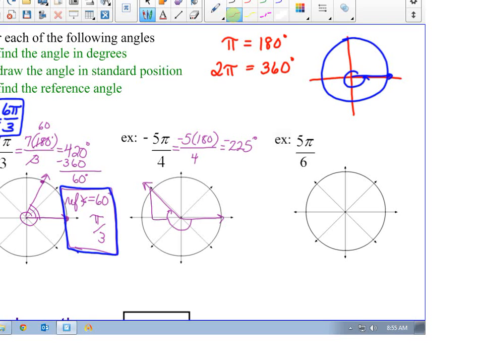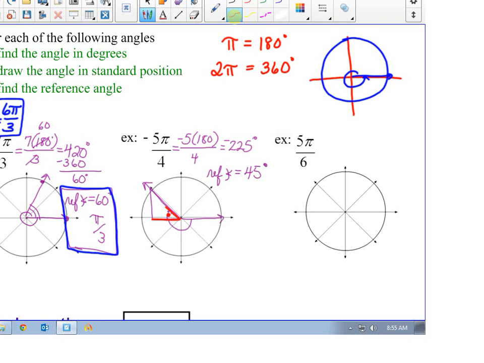The reference angle, remember, is an angle in the triangle made with the x-axis. So our reference angle, I know in degrees, is 45 degrees.